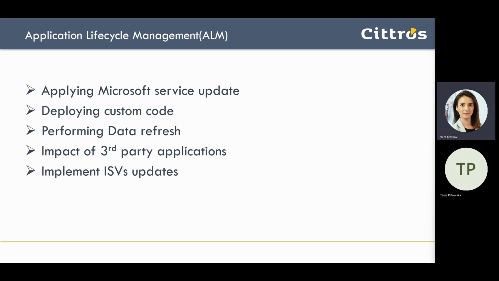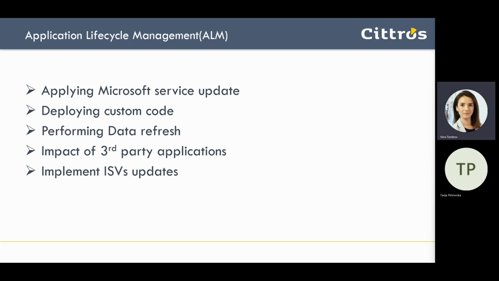In the context of having reliable tests, keep in mind the impact of the third-party applications you have in your application landscape. When I'm saying third-party apps, I'm referring to the other applications that you might have in your landscape that are communicating with AX or D365 Finance Operation, and that will have impact on the business processes.